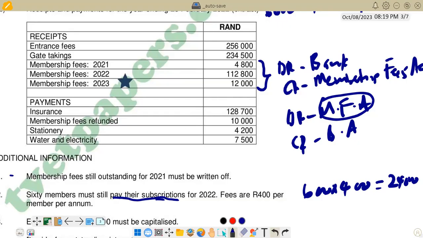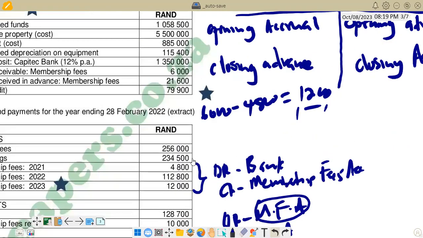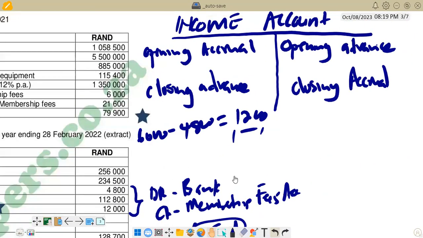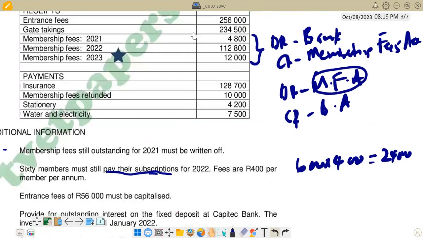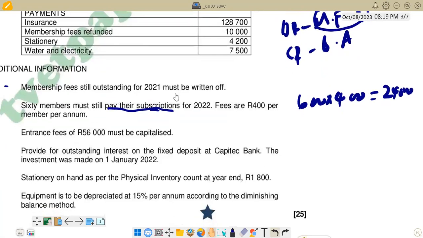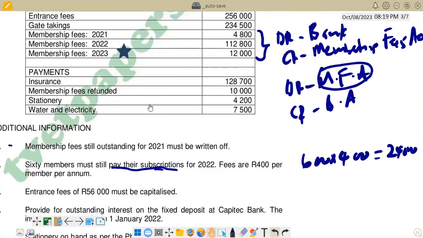So if you look again at the breakdown that I gave here, when it's a prepayment or an advance at the end, closing advance comes on the debit side. So that figure, the membership fees for 2023, which is 12,000 here, we are going to put on the debit side.